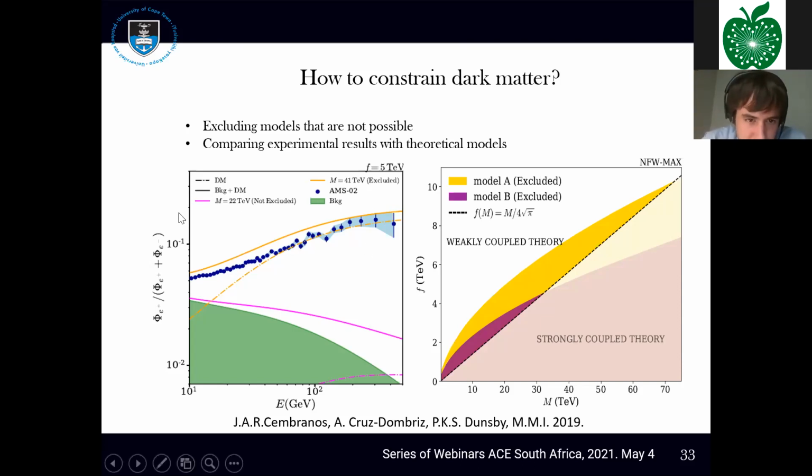So, for example, here in the first plot, we have in green the background. We need a model for dark matter, but also a model for the background.